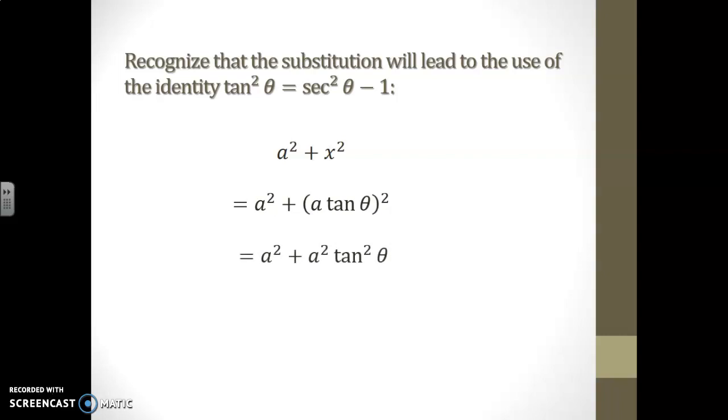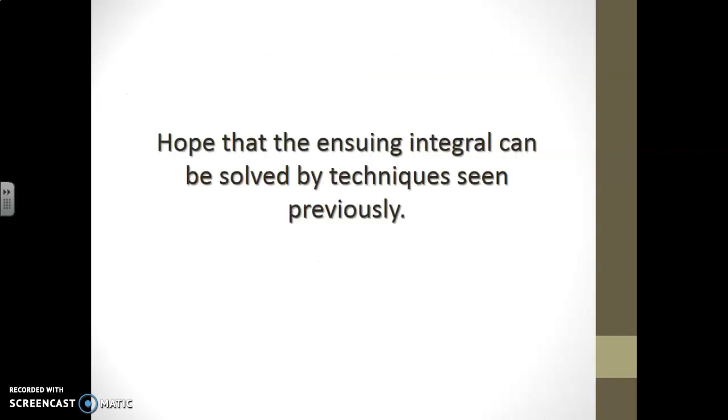Expanding the second term, or distributing the power, creates a common a squared term, which we can factor, and 1 plus tan square theta happens to be secant square theta. We hope that by the time these substitution and transformations occur, we will have easier methods to apply.